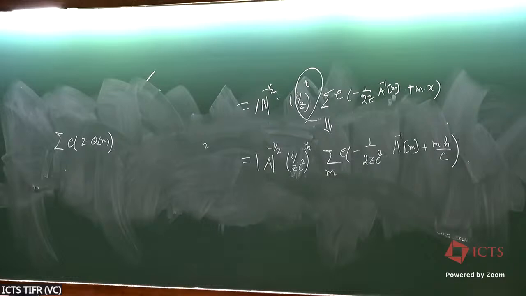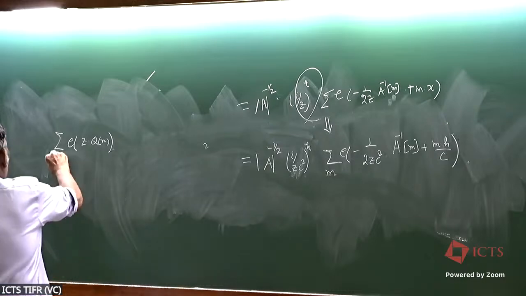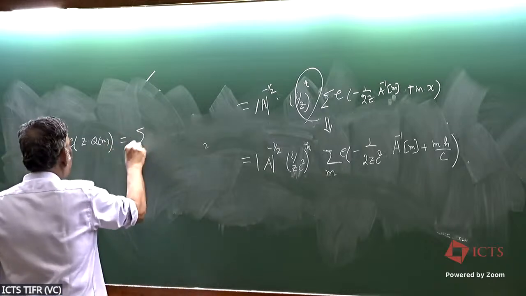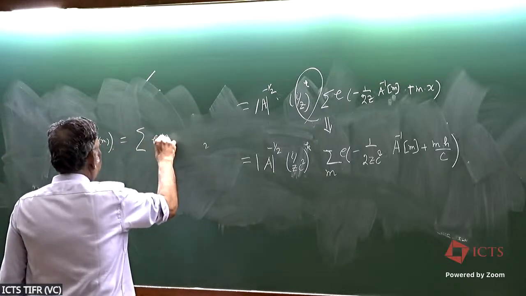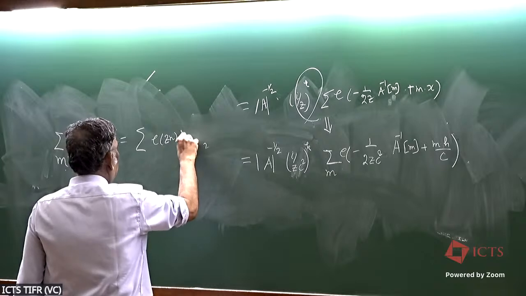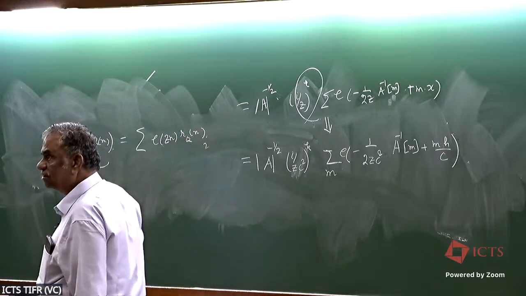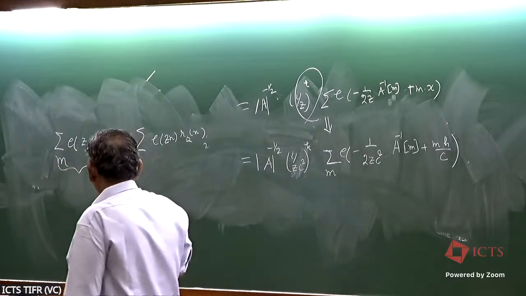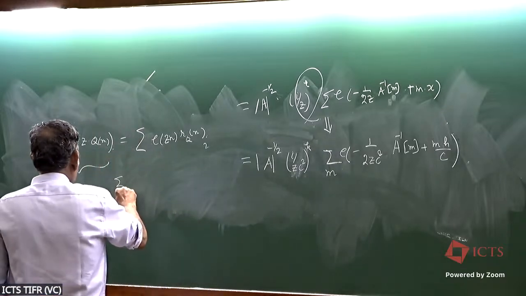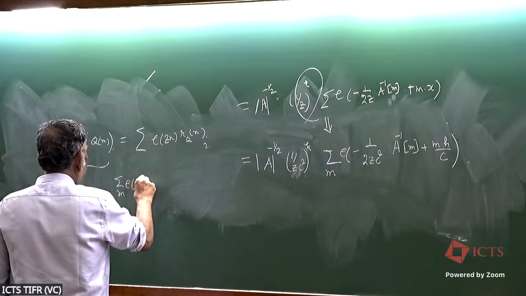E of QM Z, you are right, over M. And this exactly gives you E of Zn or Qn. That is the number of representations. And this is a function which I want to look at. But this is not really the function which I want to look at. I want to look at the following function.